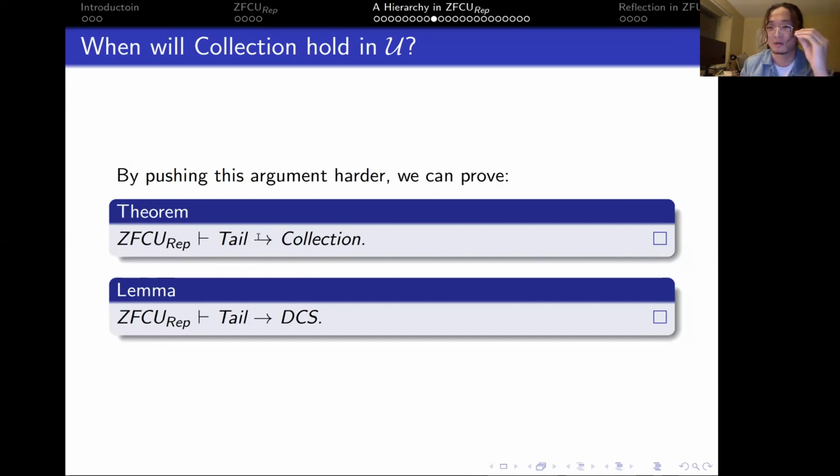But if plenitude holds, then closure and scatter will hold, so by the argument before, collection holds. By pushing the argument harder, we can show the other situation also implies collection. We can also show that if tail holds, then the dependent choice scheme will hold.